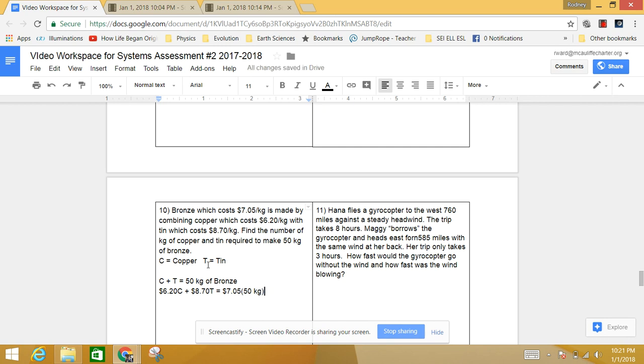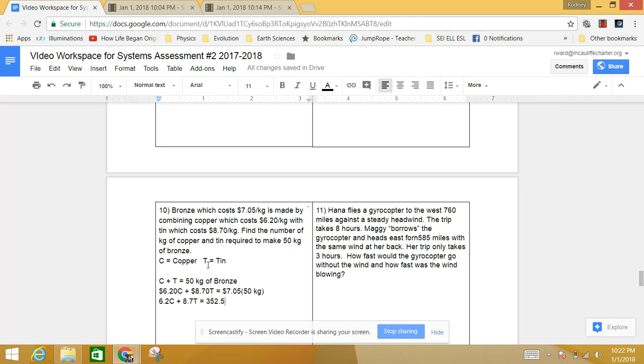Okay, so now we have two equations we can work with. Now, when we do this, we're going to have to sort this out. I'm going to drop all the dollar signs, so that becomes 6.2c plus 8.7t equals, and then 7.05 times 50 is going to be 352.5.